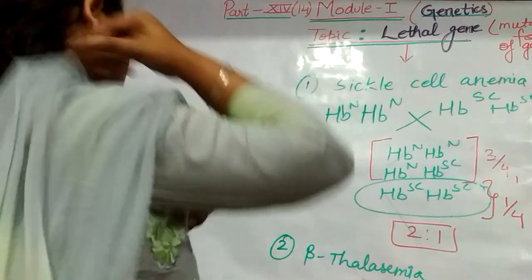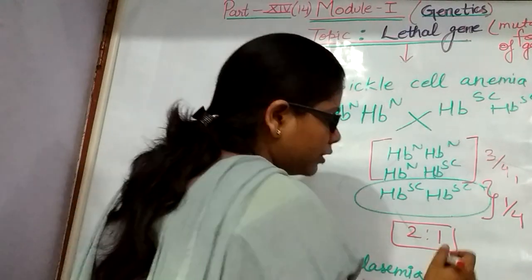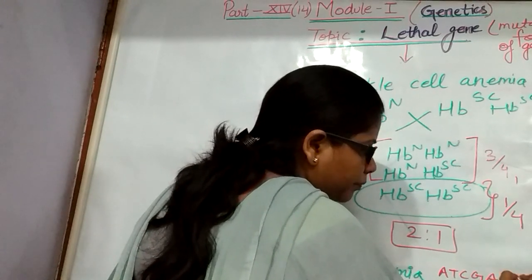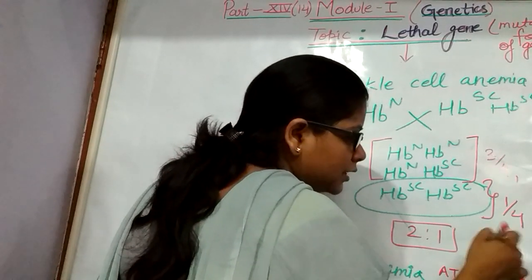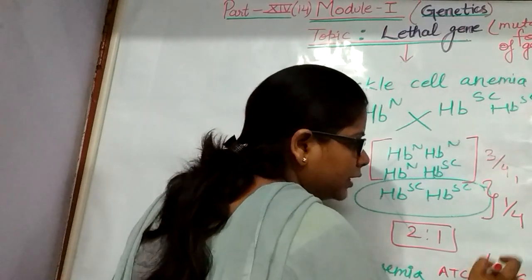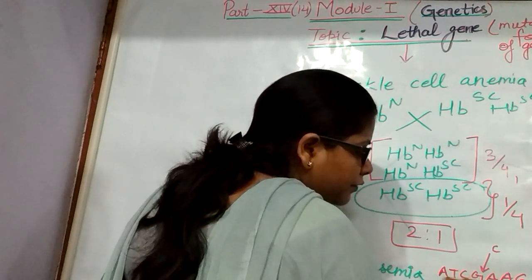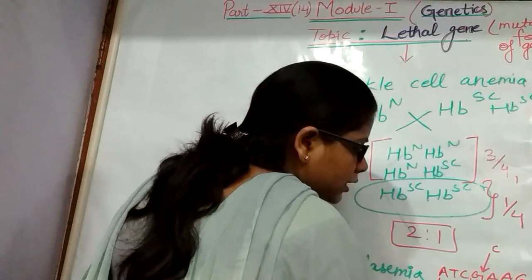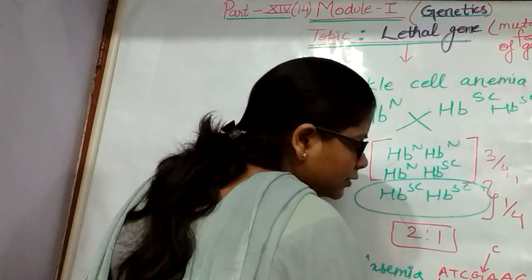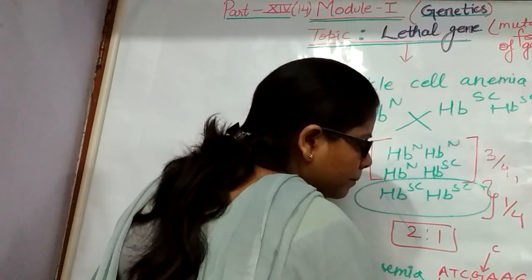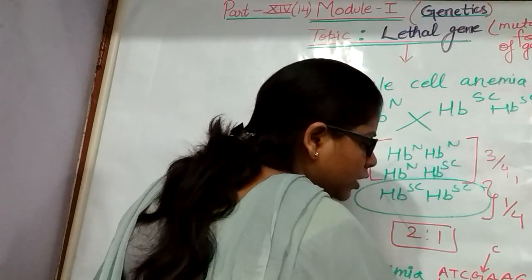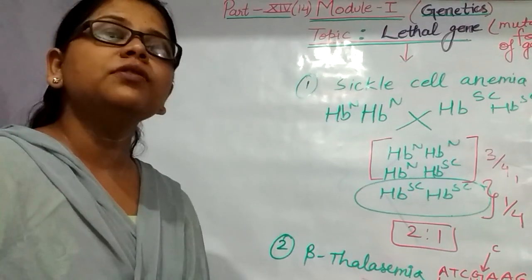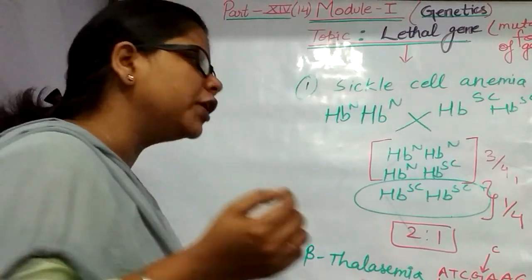Frame shift, you know, if there is only a single nucleotide change, adenine, thymine, cytosine, guanine, if one nucleotide, the cytosine, is inserted between guanine and adenine, all the frame will shift. Now one codon is this, one codon is this, and when this is inserted into ATC, next will be GCA, and next will be AG, and whatever it is. Frame shift mutation occurs only due to point mutation.